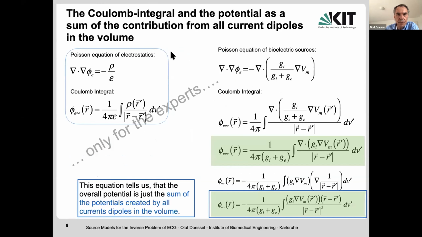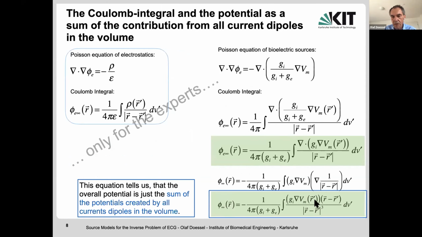Now, this is again only for the experts. You can go through these equations if you like, but the message at the end is if you start with the equation that I just showed, you can bring them into a different form. And this form here is precisely the same form that you have if you add, let's say, hundreds of electric dipoles and find the electric potential.